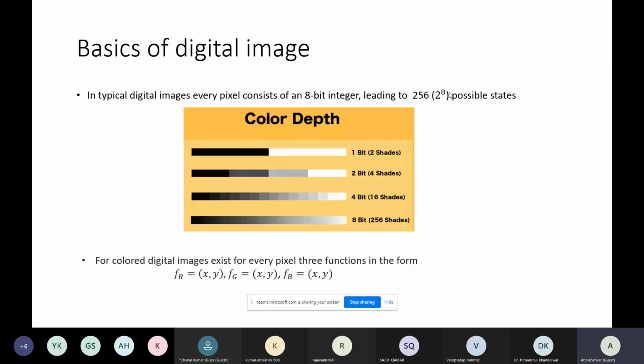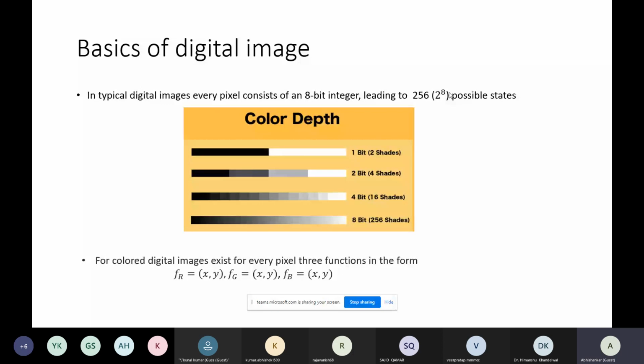For 1 bit, we have only 2 colors. We call the color here a shade. With 2 bits we have 4 shades, and with 4 bits we have 16 shades. So basically, 1 bit means 2 to the power 1, 2 bits means 2 to the power 2, 4 bits means 2 to the power 4, and 8 bits means 2 to the power 8.